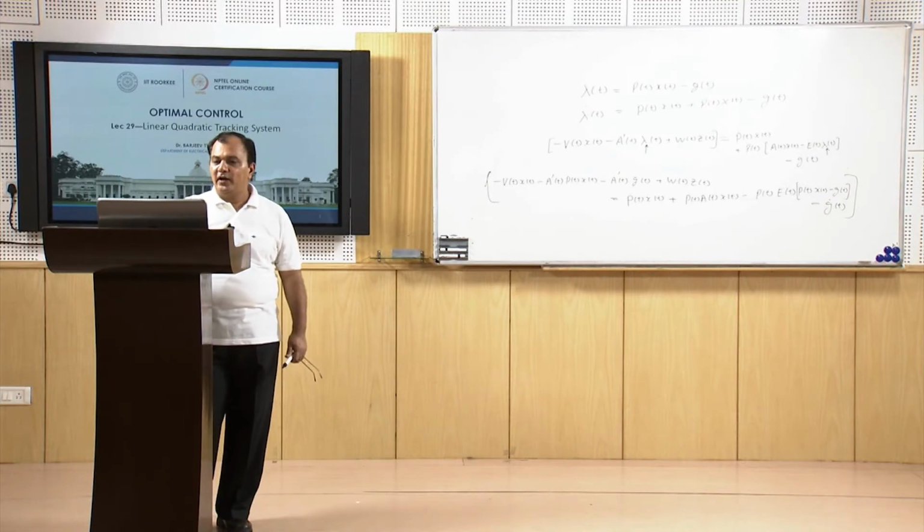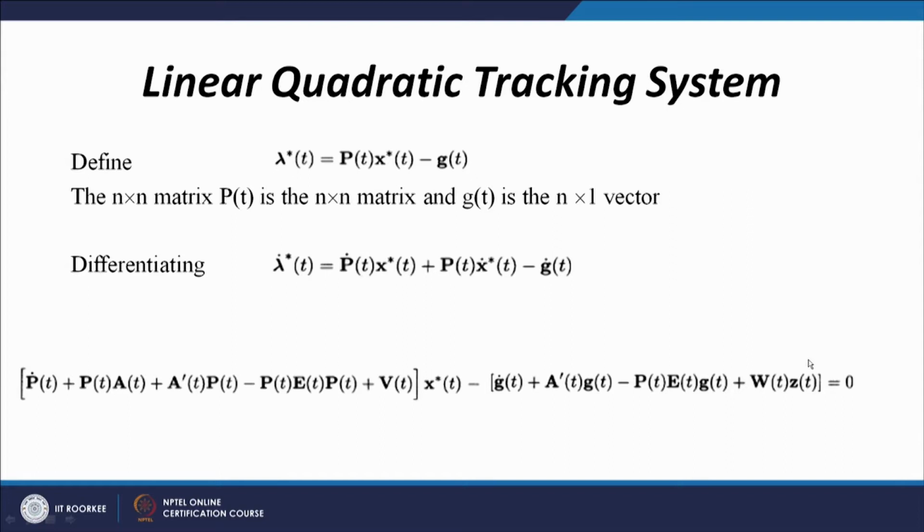So p t has to satisfy the matrix differential Riccati equation. If this overall equation is equal to 0, x t is arbitrary, so it can have any value. So if x t is arbitrary, the coefficient of x t will be individually 0, and the other term, this whole term, must also be equal to 0.